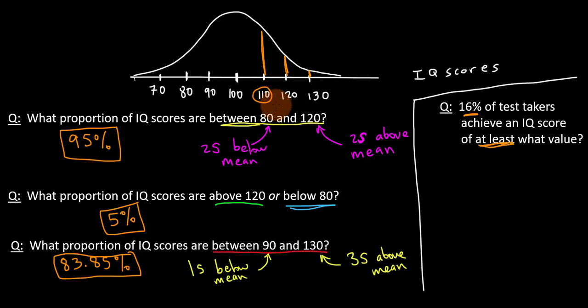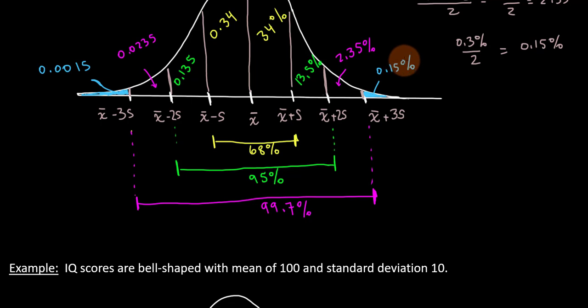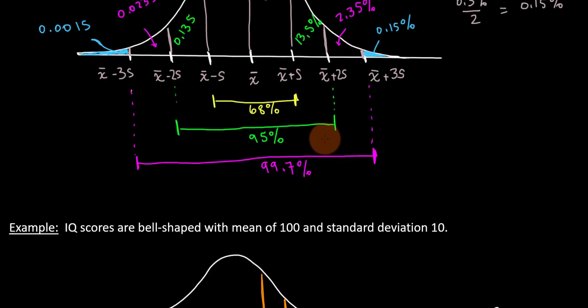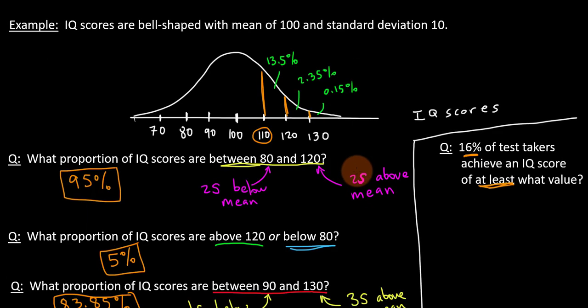I'm going to extract some of those percentages from our previous image. These small percents here, 0.15, 2.35, and 13.5. I'm going to just transcribe them down here. Okay, it appears that if you take all of those green percentages, you do add up to 16%.